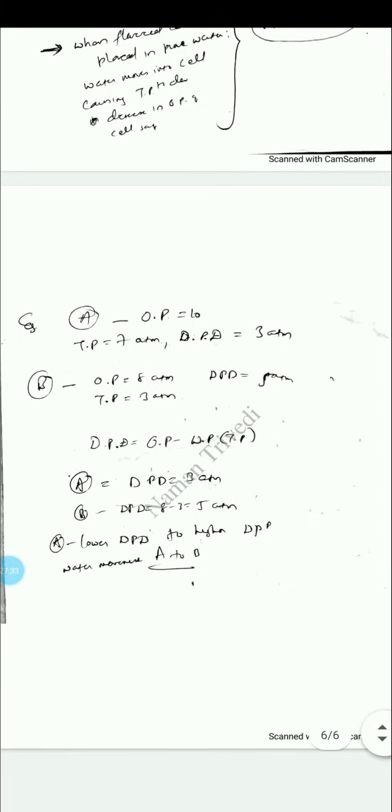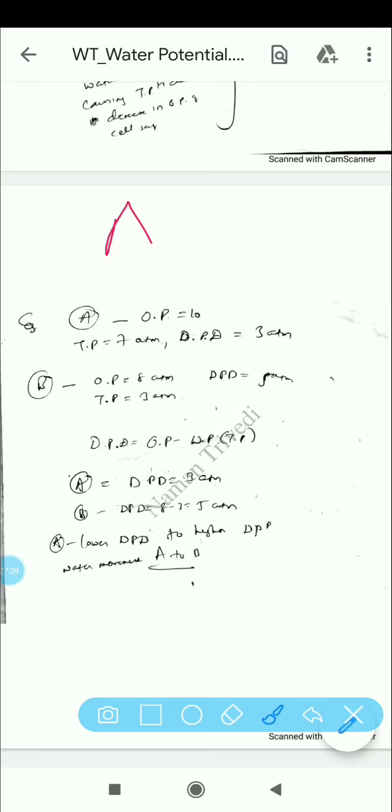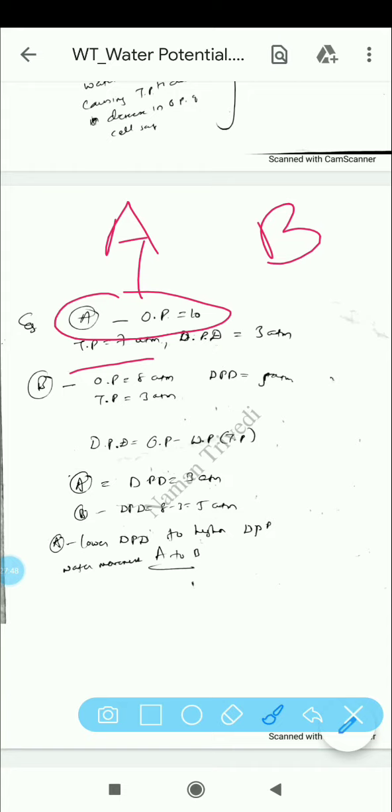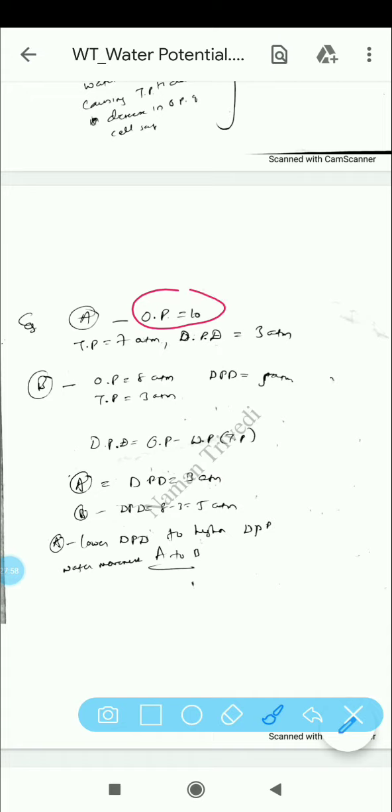They asked one question in the previously asked questions, where you are given two solutions, A and B. For A, they have mentioned that OP is 10 atmospheric pressure, and turgor pressure is 7 atmospheric pressure.